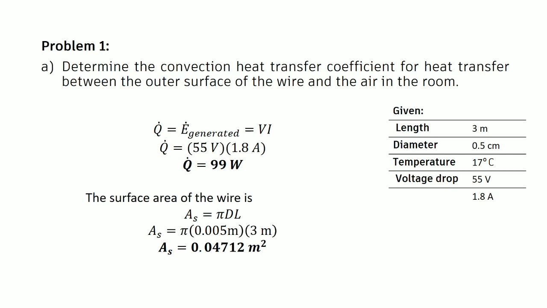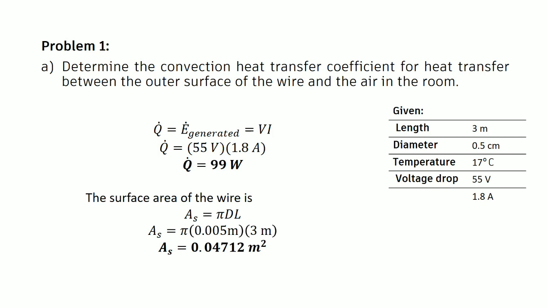The heat rate is equivalent to the energy generated. It equals the product of these two electrical units. We have 55 volts and 1.8 amperes. Now we have the heat rate generated in the electrical wire to be 99 watts.